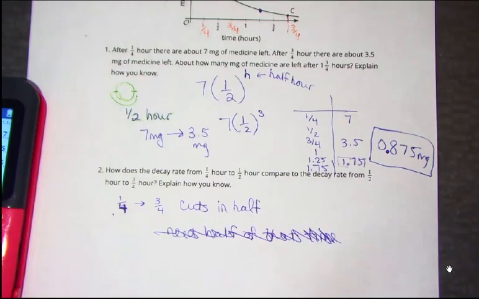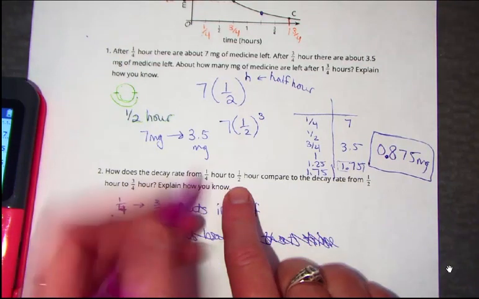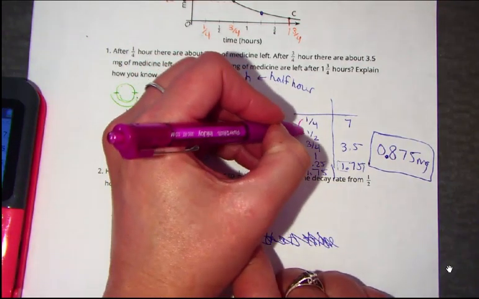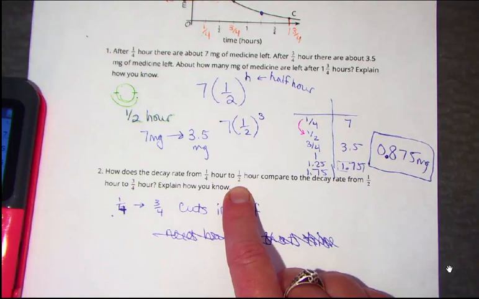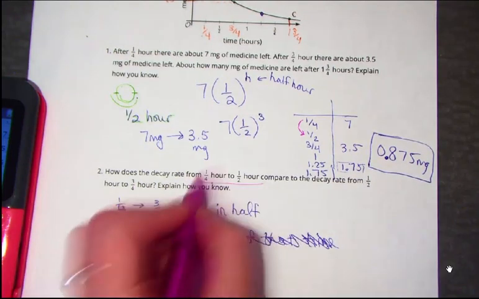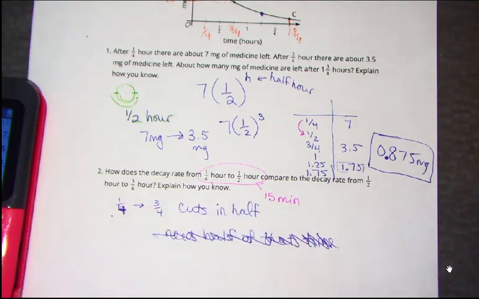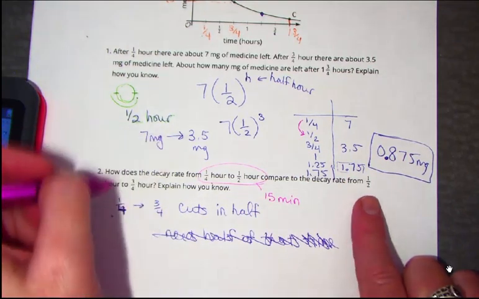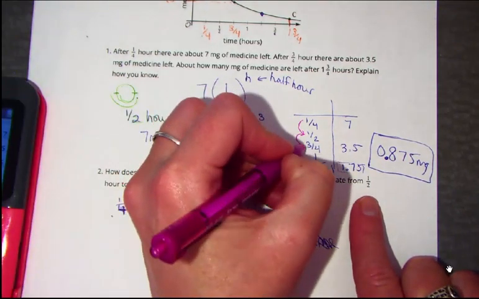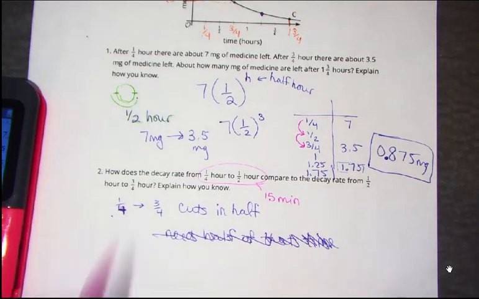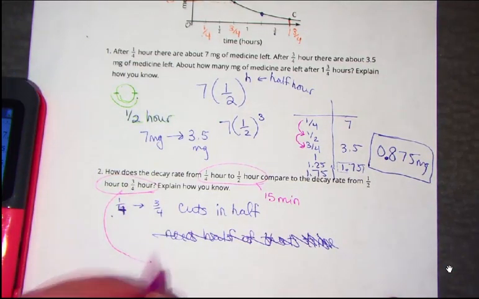It's asking us, sorry about that, editing my thinking as we go. This is real life math and how it works. It's asking us, how does the decay rate from 1/4 to 1/2 hour, which is a 15-minute jump, compare to the decay rate from half an hour to 3/4 of an hour, also a 15-minute jump.